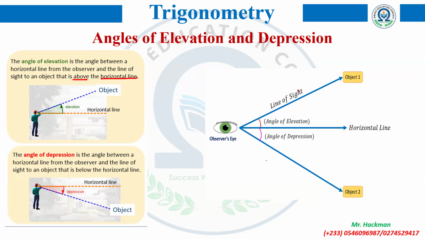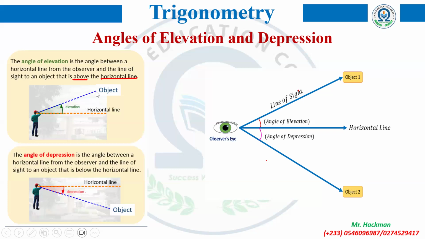If I want to locate an object above my horizontal line, I need to turn my eye through a certain angle before I can sight an object that is above my original line. And that angle that you turn through to locate the object will be your angle of elevation. So here you have your original line of sight and your new line of sight.